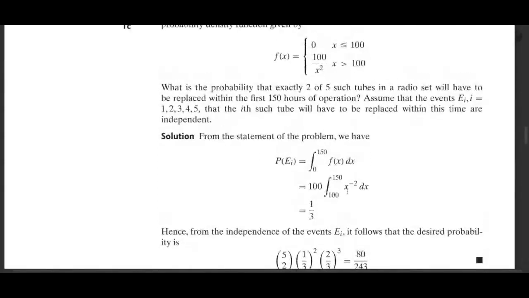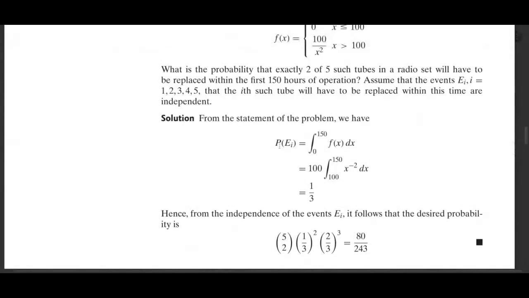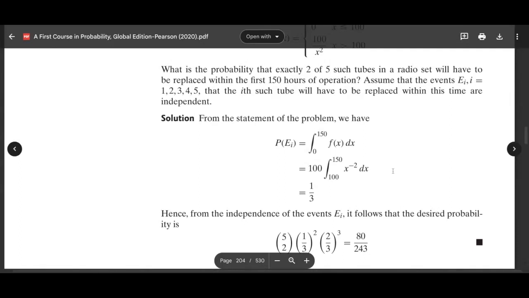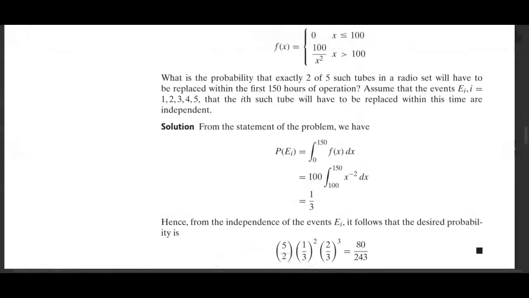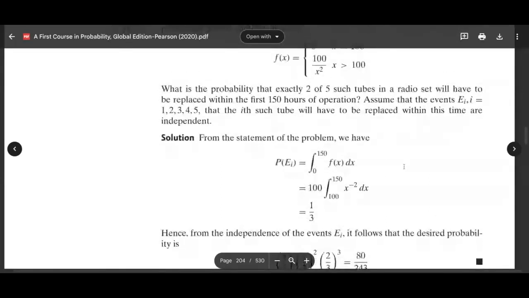The density function is a rational function, so we get a probability of E_i equal to 1/3. So the probability that the i-th tube will have to be replaced is 1/3. So 2 of 5: finding the probability through this probability distribution, the density function.